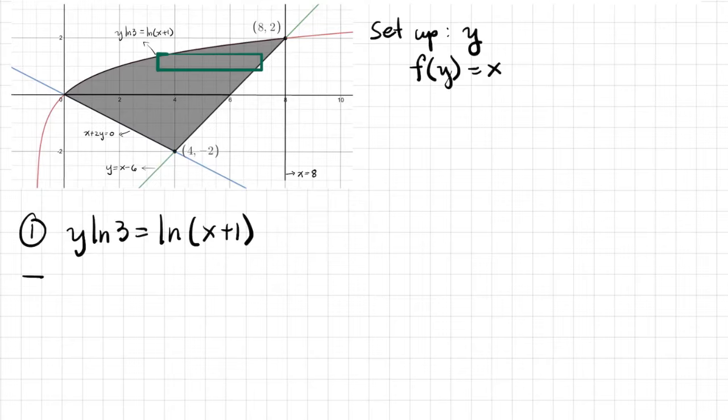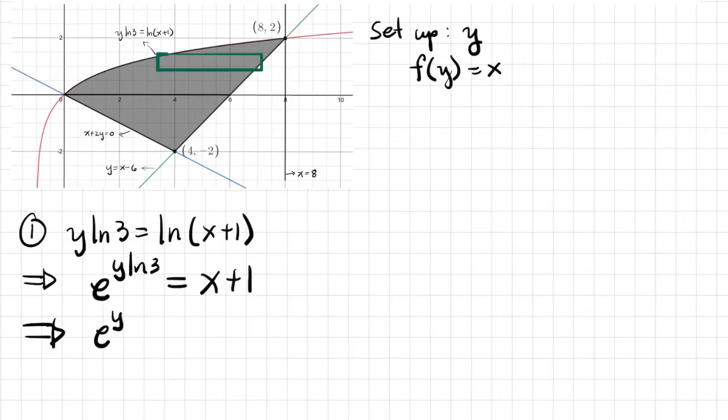Okay. So from here, we know that e to the y ln 3 equals x plus 1. This means that we have e to the y times e to the ln 3, and e to the ln 3 is only 3. So this is equal to x plus 1. Okay?